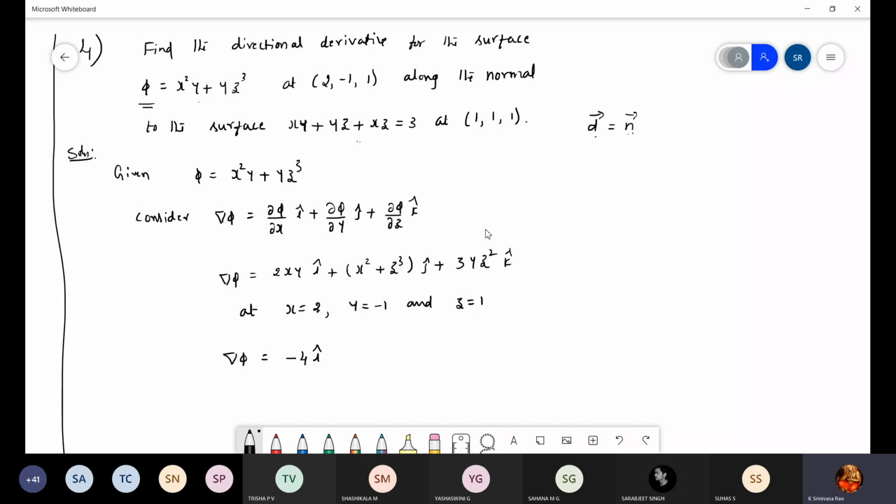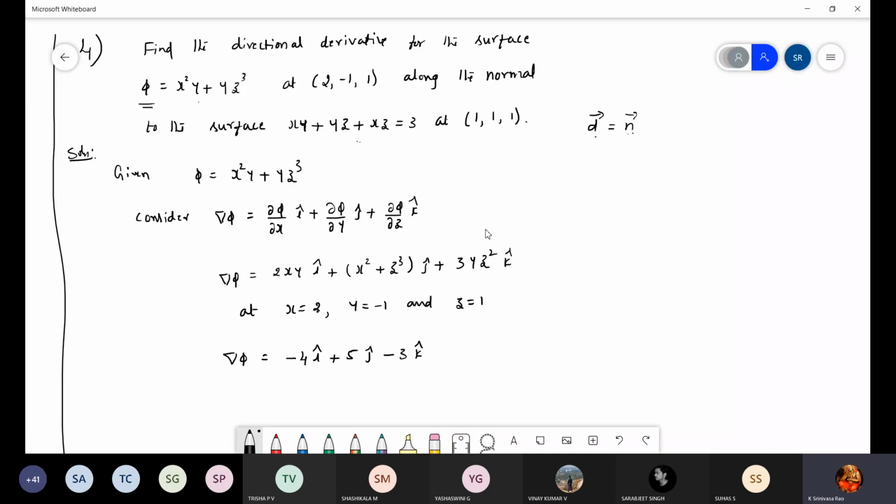What about the middle term? Plus 5 j cap. Minus 3 k cap. Okay, this is the one part, grad phi. This is the first vector that we have to substitute in the formula.